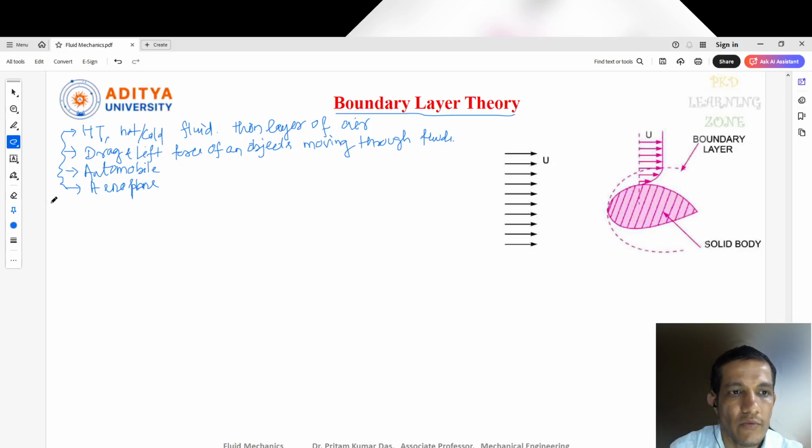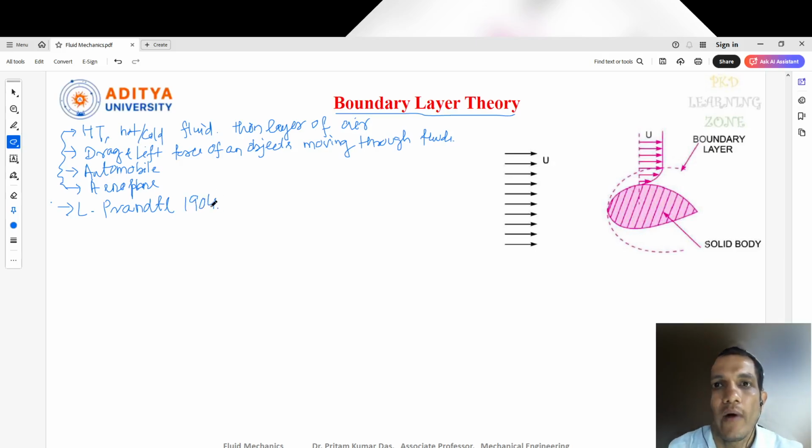Actually, this concept was initially developed by a scientist called Ludwig Prandtl. He developed this concept of boundary layer theory in the year 1904.